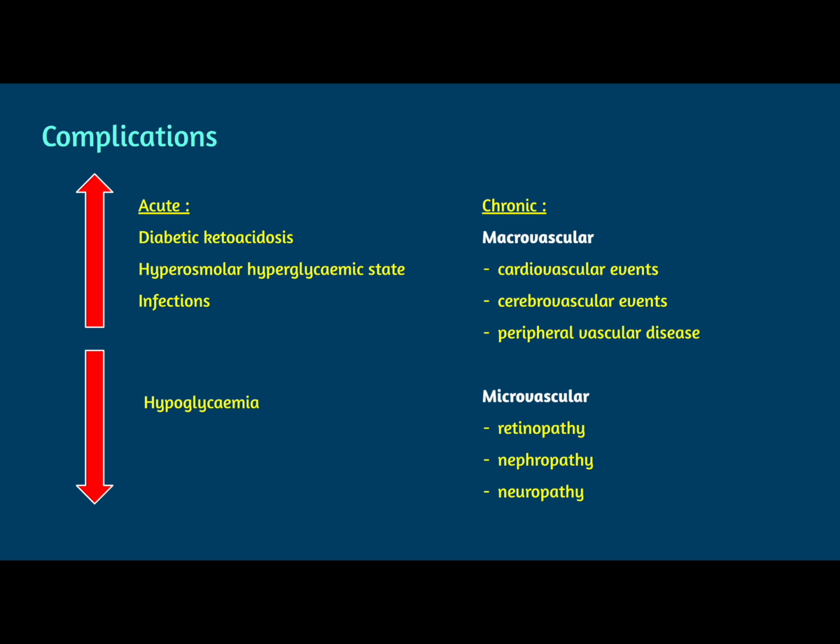Microvascular complications include retinopathy, which eventually leads to blindness, nephropathy, which eventually leads to end-stage renal failure, and neuropathy, where the patient might have distinct muscle weakness or sensory loss.